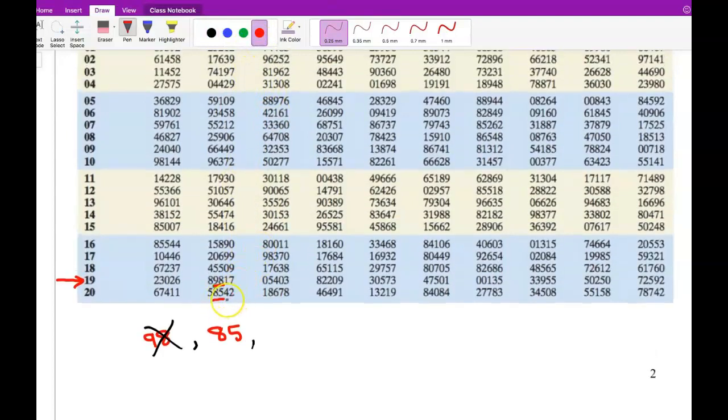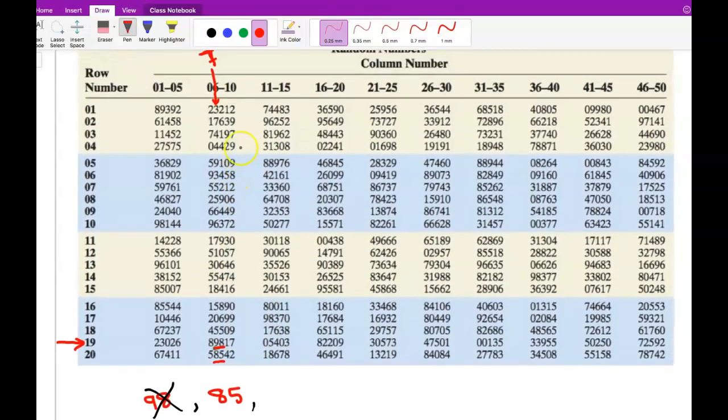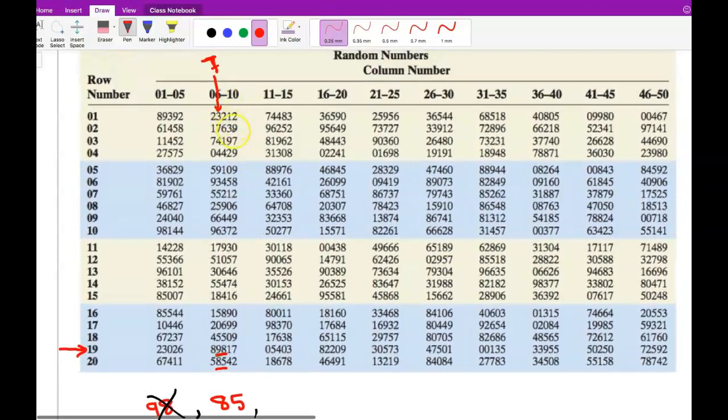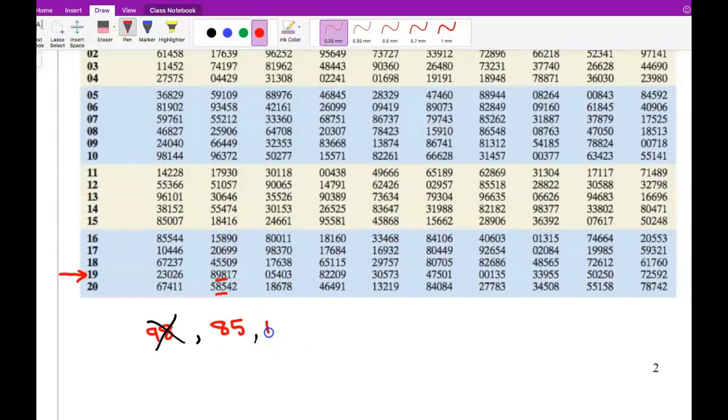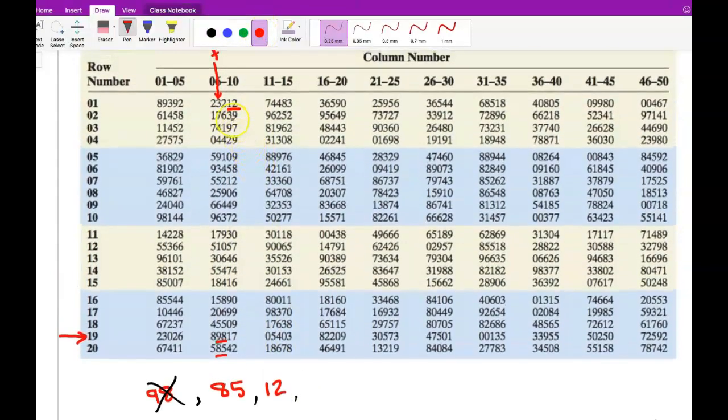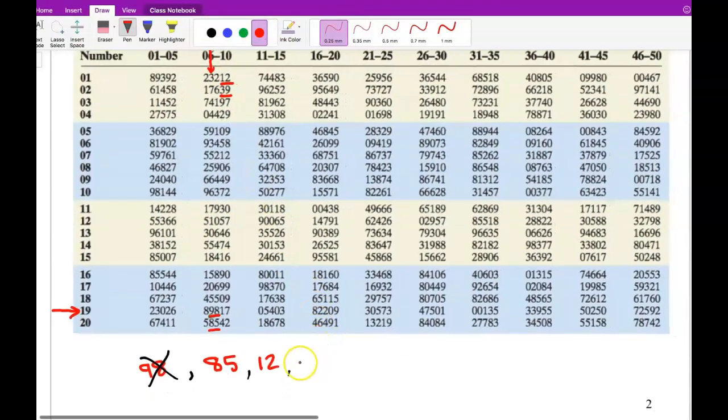Then after that, going up, we start from the next columns because we already finished these 2 columns, 7 and 8. Now starting with 9 and 10, that's how I got 12, and this is between 1 and 87, so I'm accepting that. Then it's 39.